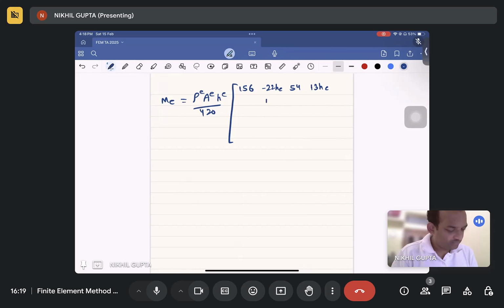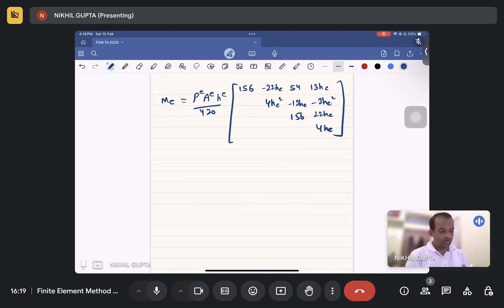Then it will come 4 he square, minus 13 he, minus 3 he square, 22 he, 4 he square, 156. So this is the generalized mass matrix you get for this Euler-Bernoulli beam.